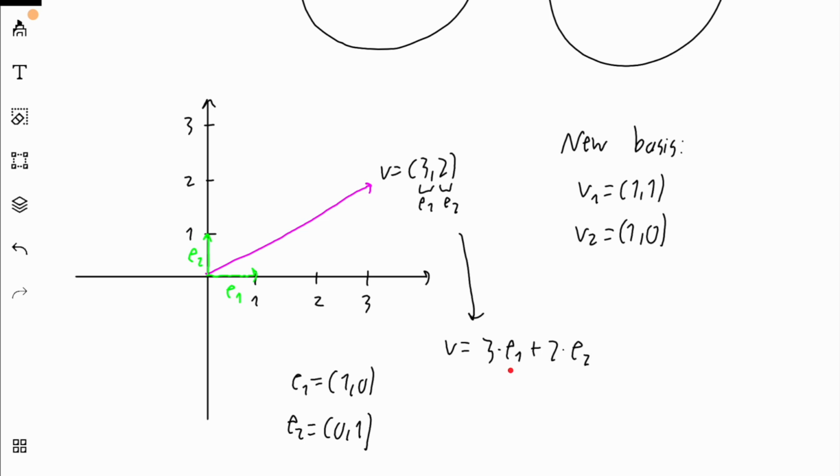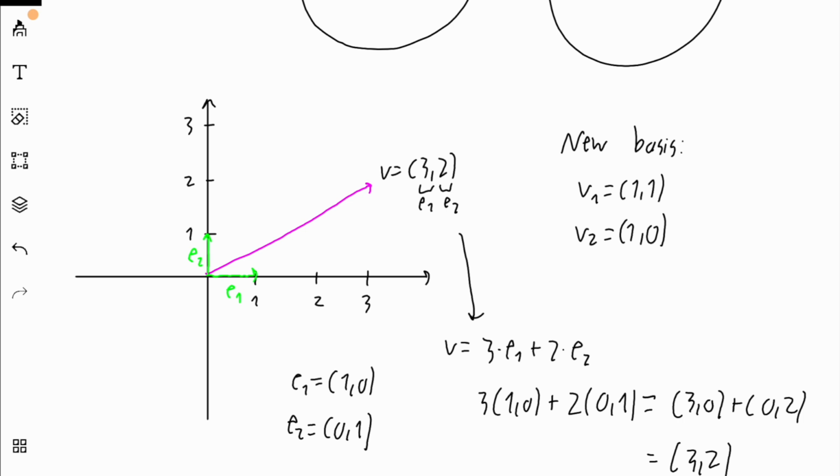But that's just the same thing as saying 3 times (1, 0) plus 2 times (0, 1). And when we add this together, this is (3, 0) plus (0, 2), which is just (3, 2). When we express this vector in terms of its basis, we get back the same vector. That's why we never really notice that a vector is written in the standard basis when we plot it.